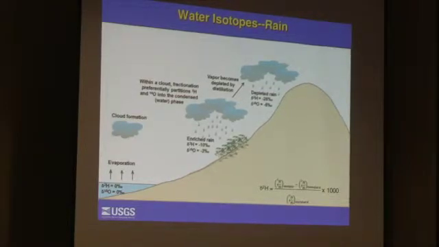So if you look in the figure, I've shown that the delta H and the delta O are both 0 in the ocean. And that's because the ocean samples would be compared to ocean water, so there's no difference.